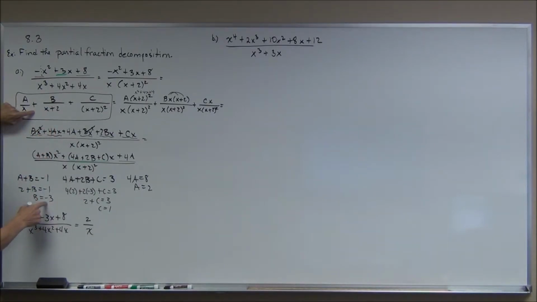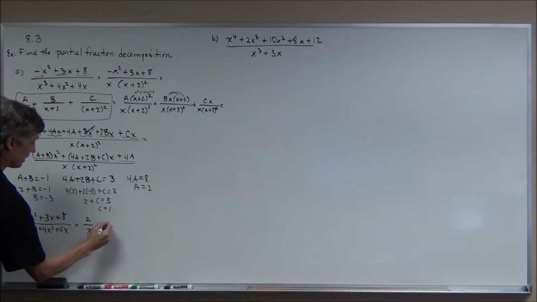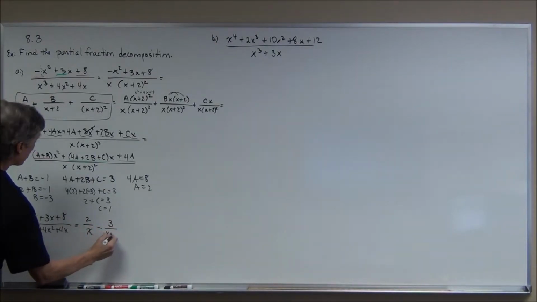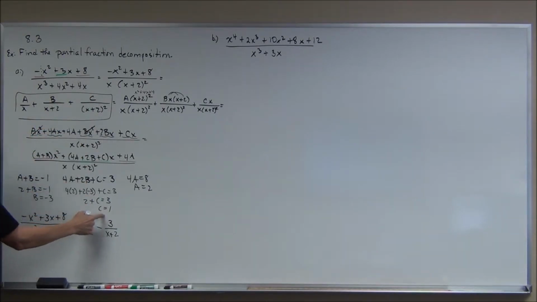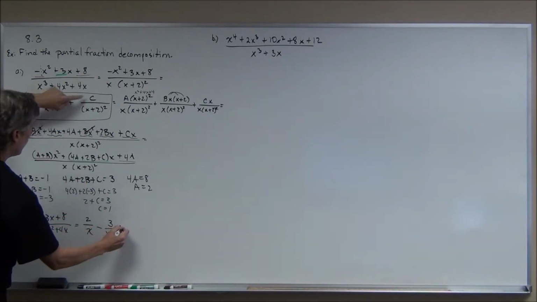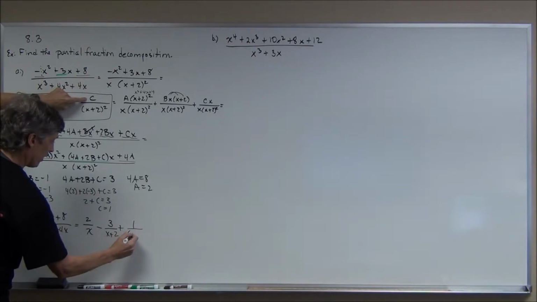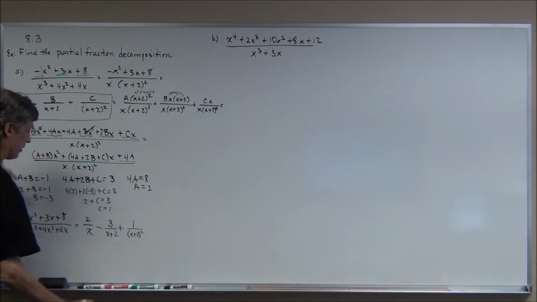Now since B is a -3, instead of writing plus and then the -3 there, I'll just put the minus and then 3 all over x plus 2. And then C is a positive here, so plus 1 all over the quantity x plus 2 quantity squared.